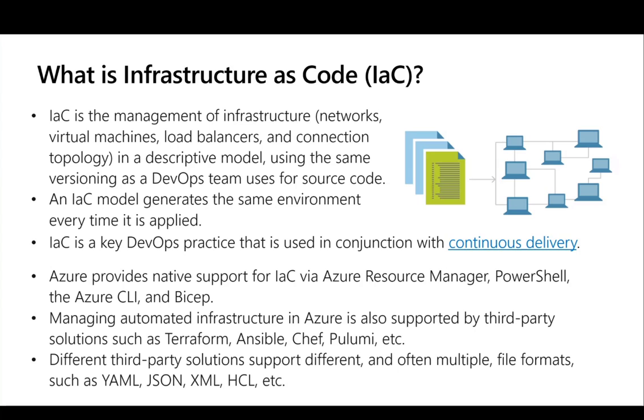For example, if you have an application with multiple environments, let's say development, staging, test, and production, and you want to have the same experience every time you provision resources for that application, infrastructure as code would allow you to support that.